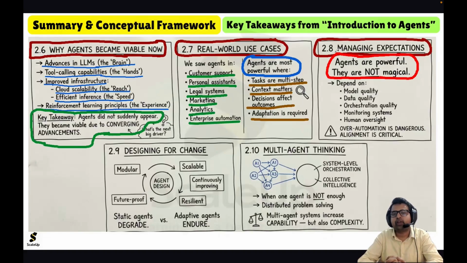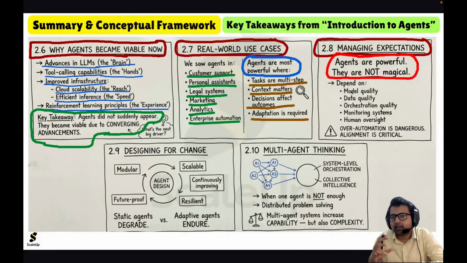For more than three or four decades, we did not see any significant breakthrough in AI. Similarly, with agents, we should be very clear with expectations. We should not over rely on or over trust the agents, because they can hallucinate and make mistakes.